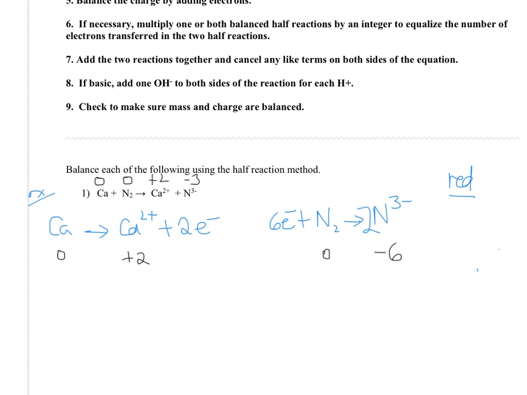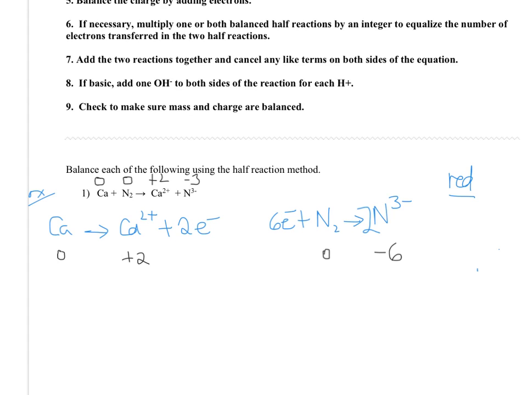The next step, step 6, says, if necessary, multiply one or both balanced half reactions by an integer to equalize the number of electrons transferred in the two half reactions. So what that's saying is we want the number of electrons here and here to be equal to each other. And you do that by multiplying either one reaction or both reactions by an integer so that those numbers are equal.